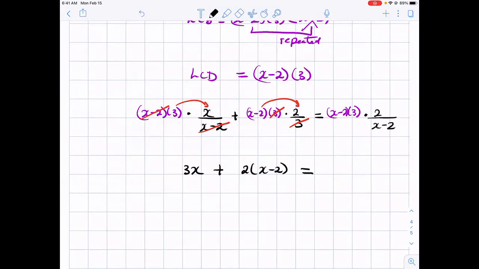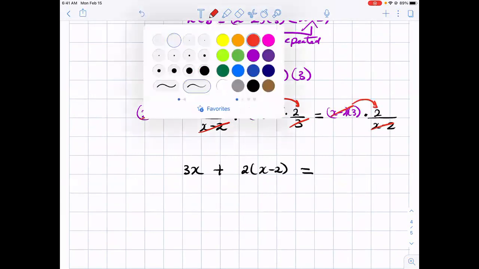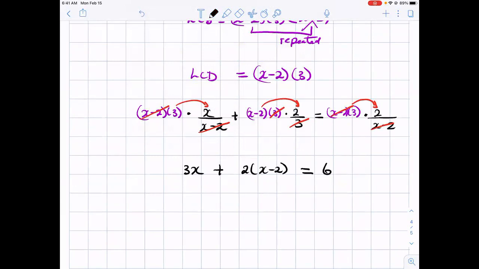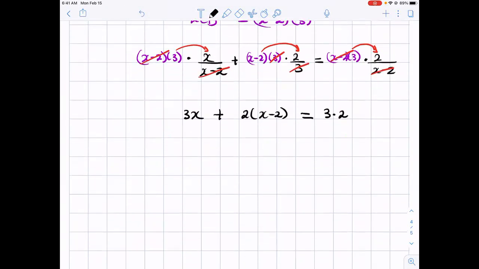And that is equal to, notice once again, the denominator cancels with part of the common denominator. So I'm left with 3 times 2, which is 6. Simplifying, we have 3x, plus 2 times x becomes 2x, positive 2 times minus 2 becomes minus 4, and that is equal to 6.